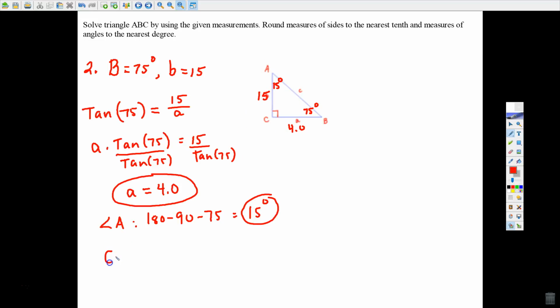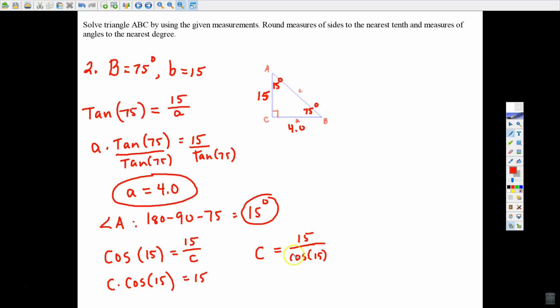So we can do cosine for that 15-degree angle equals the adjacent side divided by the hypotenuse, and I'm going to multiply by C on both sides. Then I'm going to divide by cosine 15 on both sides.